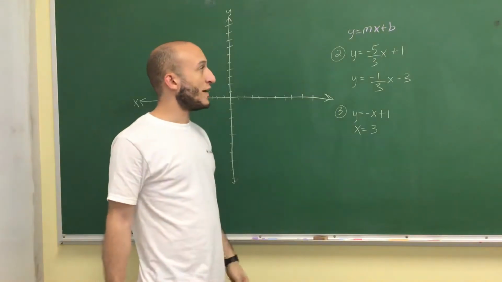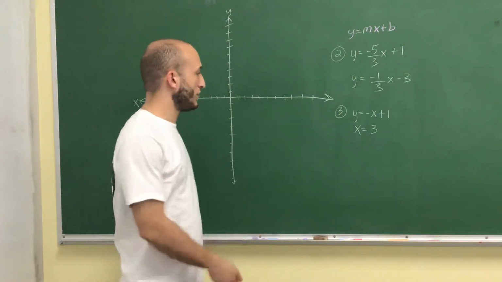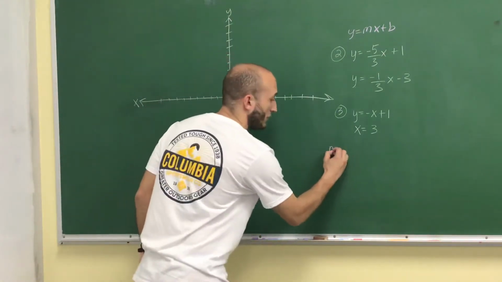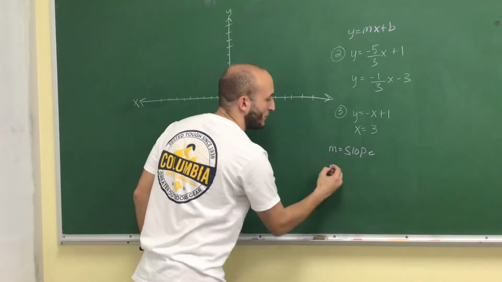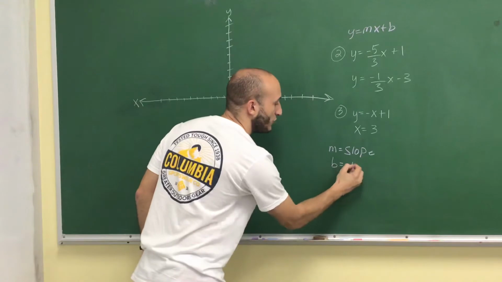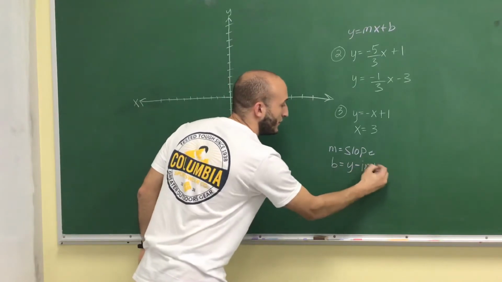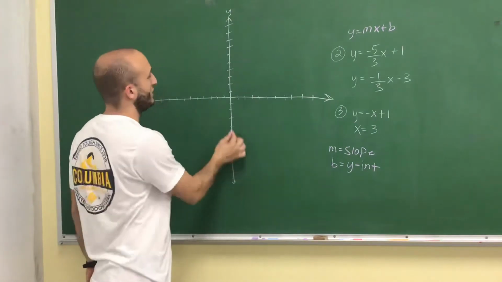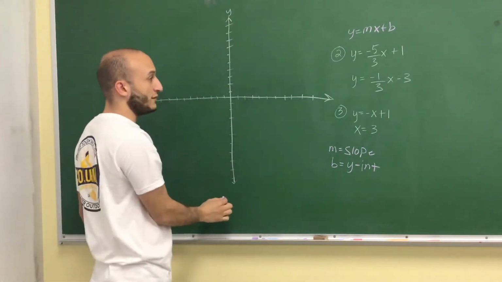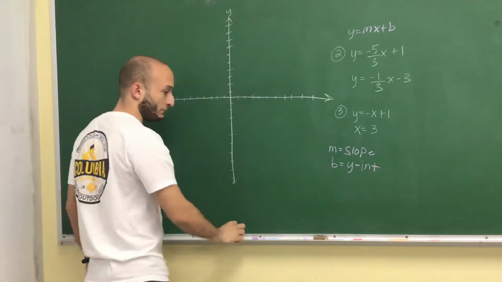M equals slope, and b equals y-intercept. Your y-intercept is where the line crosses the y-axis. So let's begin.